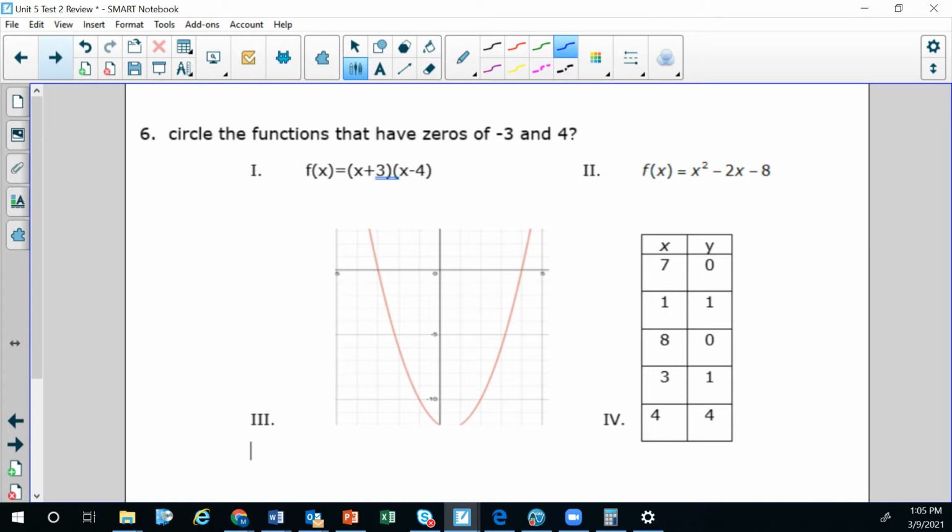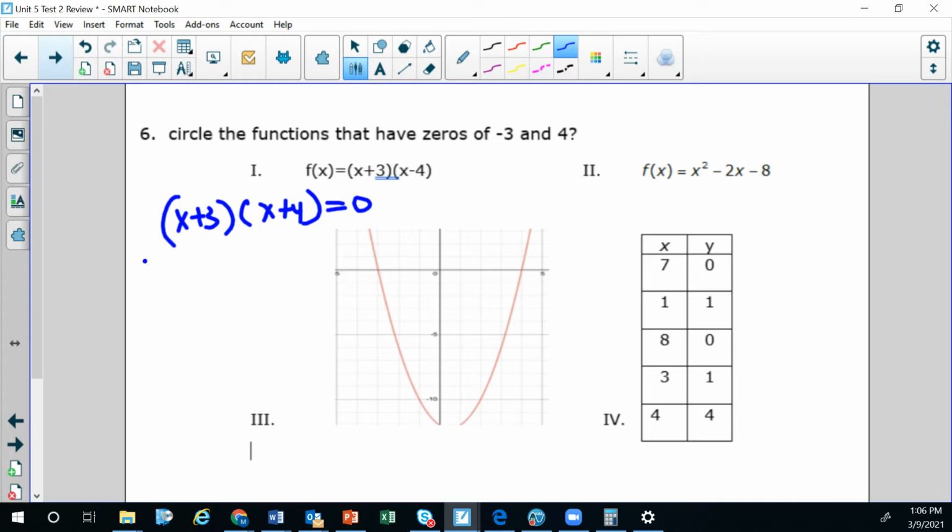Okay, given a quadratic function that has zeros of 3 and -4. Okay, so let's look at 1. We have x plus 3 and x minus 4, two factors. Are the zeros 3 and -4? Let's see. If I make this equal to 0, x plus 3 times x plus 4, and I set that equal to 0, what am I going to get?